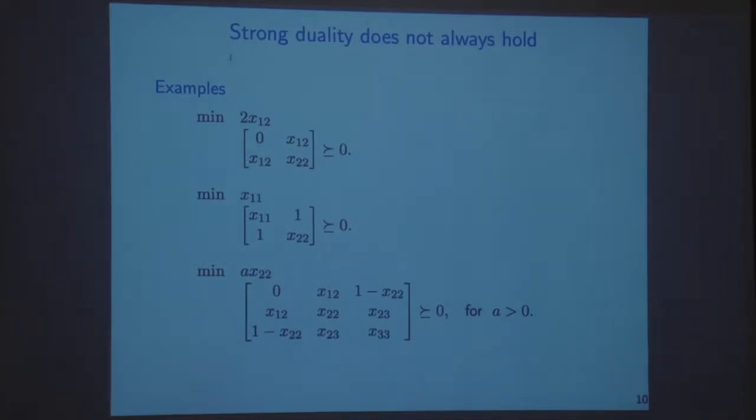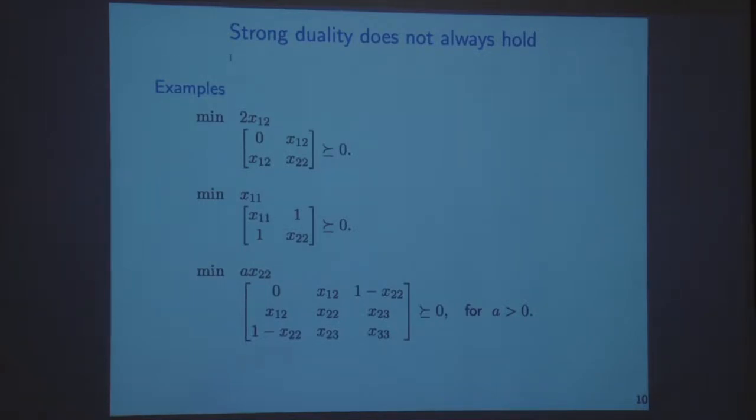If you look at that first example, this is the problem: minimize 2x12 subject to the matrix [0, x12; x12, x22] being positive semi-definite. So this is equivalent to having min <C, X>, <A1, X> = B, and X positive semi-definite.